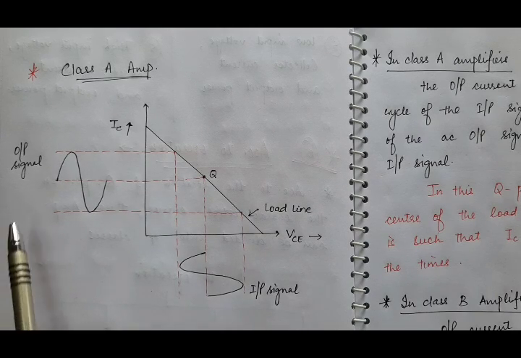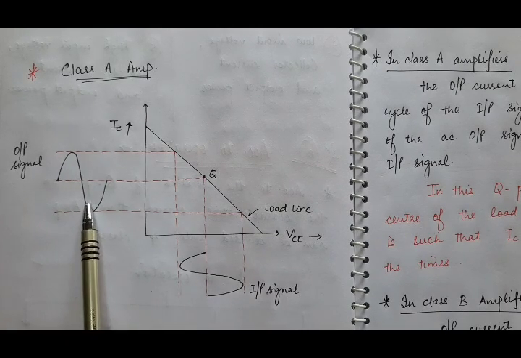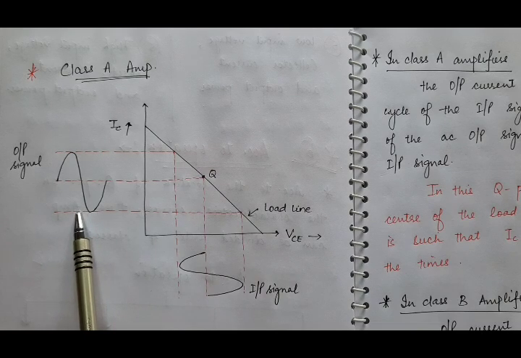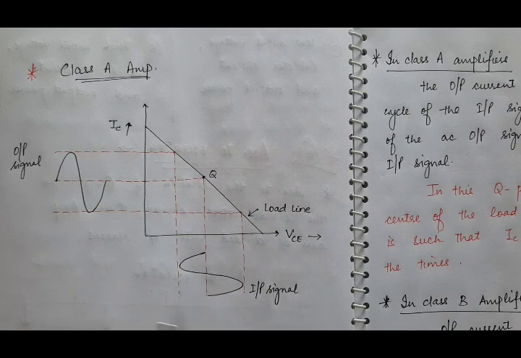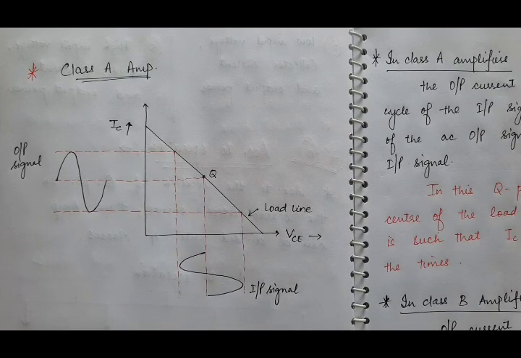And the shape of this output signal is an exact replica of this input signal. The only difference is that the two are out of phase with each other. The phase difference between the two is 180 degree.